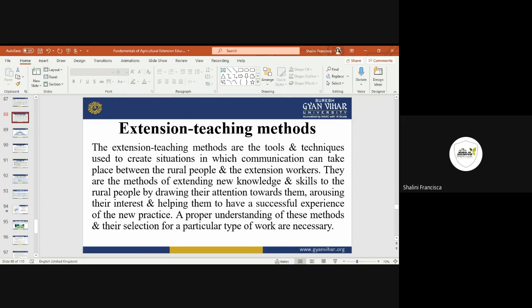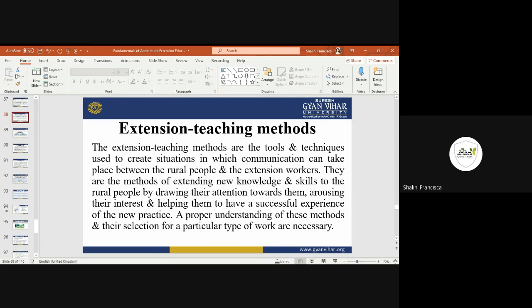Another thing is that there are so many techniques for different crops, so they have to teach all that to the rural people. In this teaching method, the extension worker has to be very patient to understand the rural people's mind and act according to that.